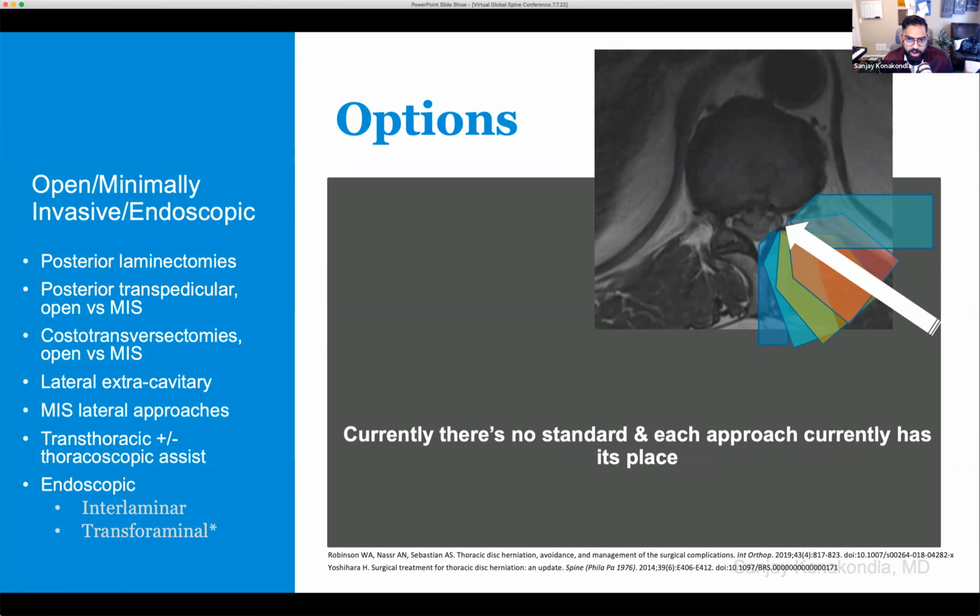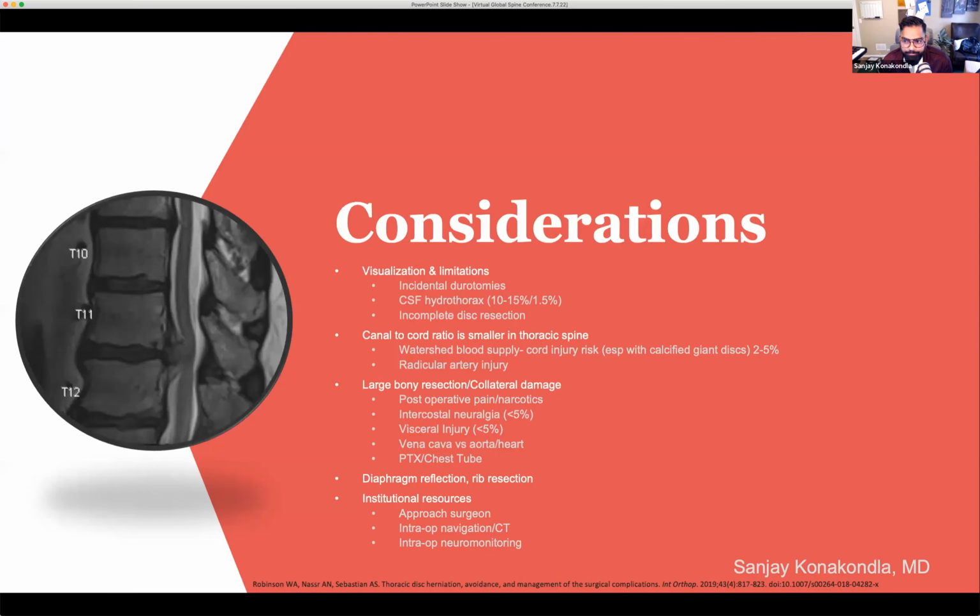Of course, the transthoracic with or without a scope, and of course the endoscopic applications with interlaminar, which is primarily for the dorsal pathologies like hypertrophy of ligamentum flavum, or the transforaminal approaches, with a little asterisk there because they're technically modified approaches depending on the pathology, because you're going to be drilling some of the IAP, some of the SAP, maybe some pedicle drilling, and really tailoring it to the patient. But obviously there's no current standard for that yet, and each approach really has its own place.